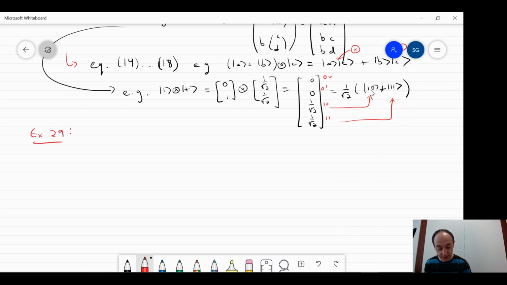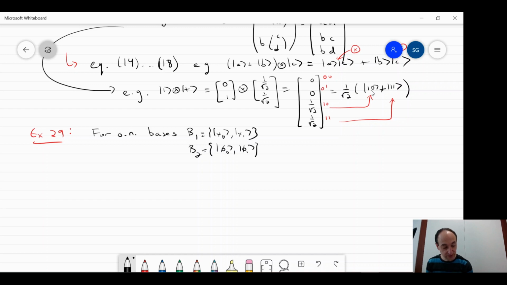This is equation 29, and I'll get you to think about that on your own. But basically for orthonormal bases, B1, which maybe let's just take 2 vectors for now, and B2. These are of course going to be in C2, because I've only got 2 of them.